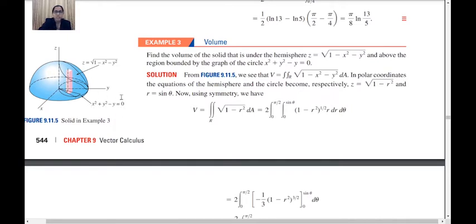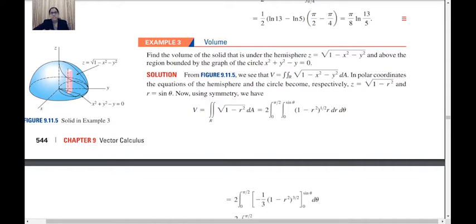With the help of this equation we find the value of r, because a ray passing like this enters at 0 and leaves at the surface bounded by this circle. Putting x = r cos θ and y = r sin θ, we get r² − r sin θ = 0, that is, r = sin θ.